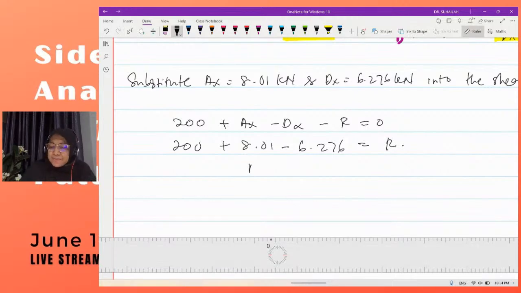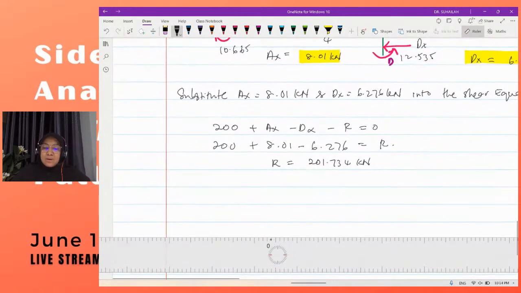So what is r? 200 plus 8.01 minus 6.276. What is the r value? It is 201.734 kilonewton. This is the restraining force. Okay.